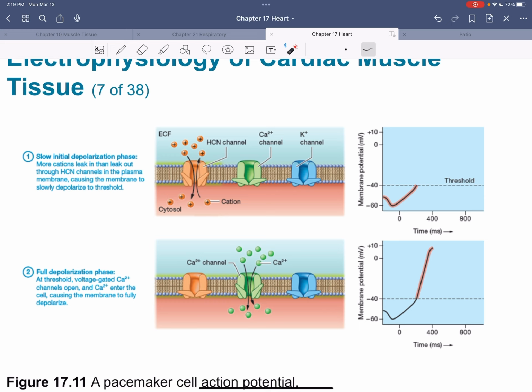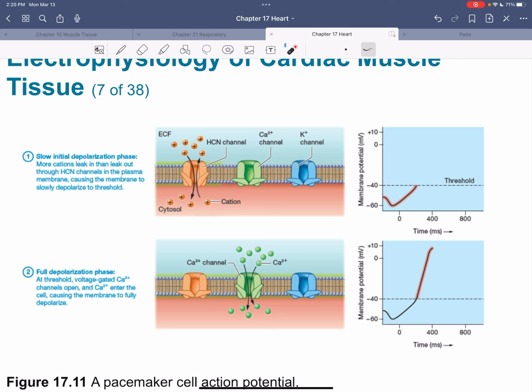And you can see I'm starting the slow depolarization right here. Okay, so that's a slow phase. Then when I hit threshold, these are being closed. So at threshold, I get the calcium gates opening.